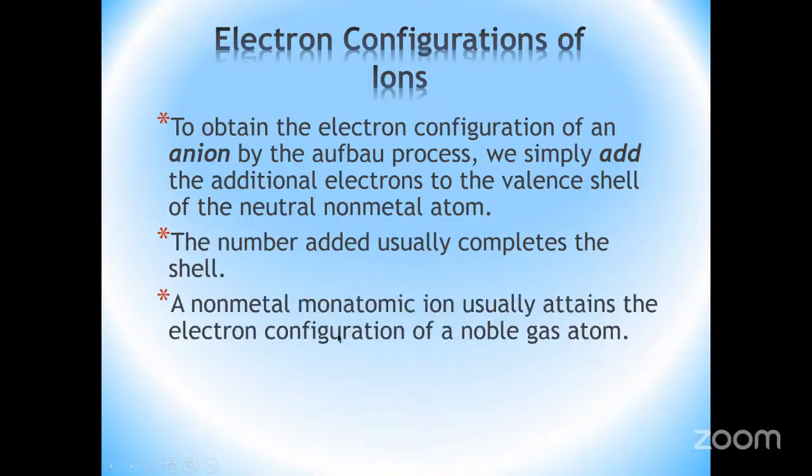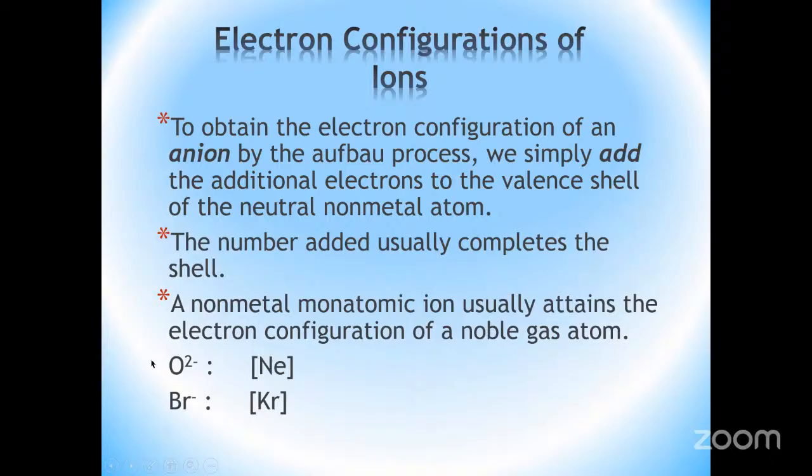And as a result, the monatomic ion, if it's a non-metal, will obtain the same electronic configuration as the nearest group 8 element. So I have an example here. The oxide ion will have the same electronic configuration as neon. The bromide ion will have the same electronic configuration as krypton, because neon is the nearest group 8 element to oxygen, and krypton is the nearest group 8 element to bromine.